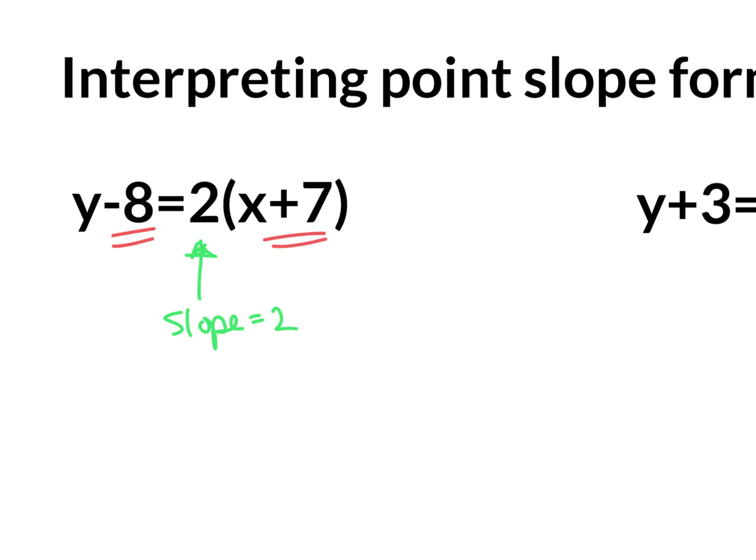And what I just said was that they're going to be opposites. So this is my x1, and here is my y1. So make sure that when we name our ordered pair, the x goes to the x spot, the y is going to go to the y spot. So my ordered pair is going to be the opposite of that x, so negative 7, and the opposite of that y, so positive 8.